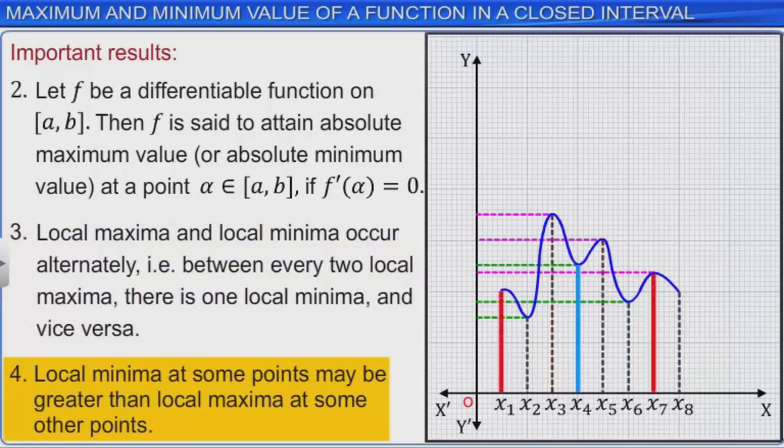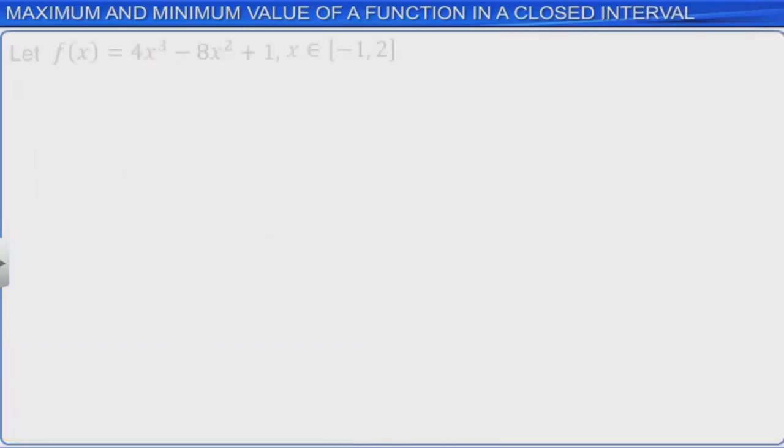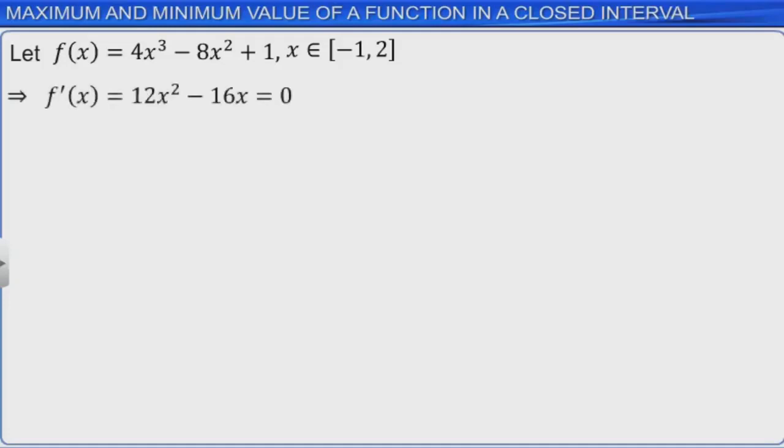Let us now apply what we have learned so far to find the absolute minimum and maximum values of a function f on the closed interval [-1, 2]. To find the required values of the function f, we have to first find its critical points, which are obtained by equating the derivative of the function to 0. This gives 4x(3x - 4) = 0.